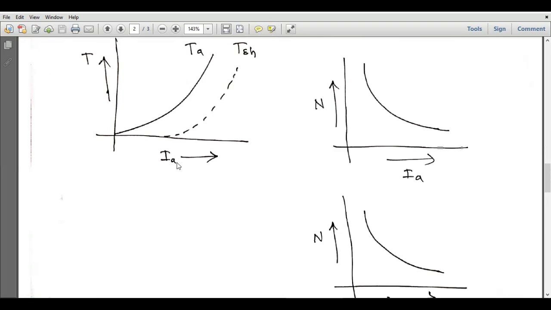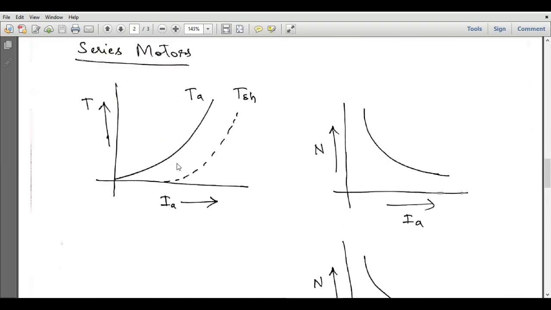Now, one thing that I want to highlight is that in DC motors, one is armature torque, which is developed in the armature winding, and another is shaft torque, which is available at the output shaft. Clearly, shaft torque is smaller than the armature torque due to the presence of mechanical losses, right?